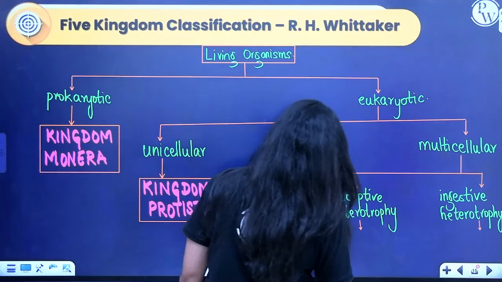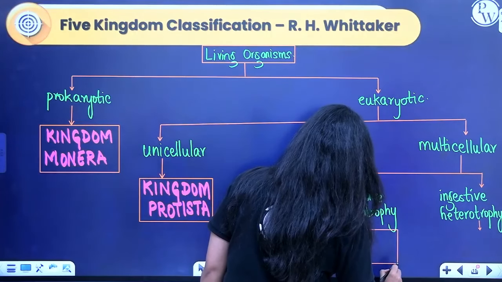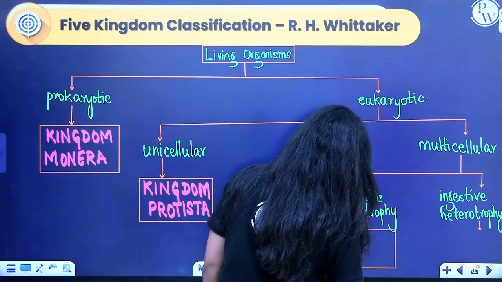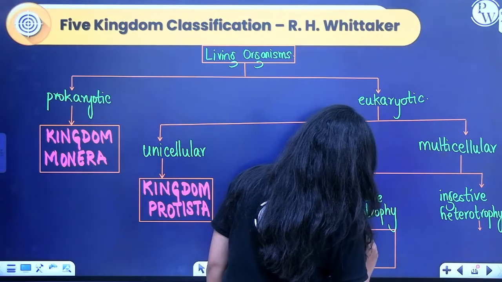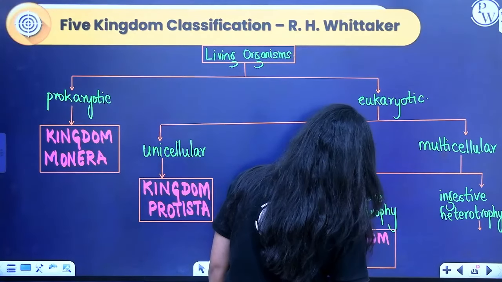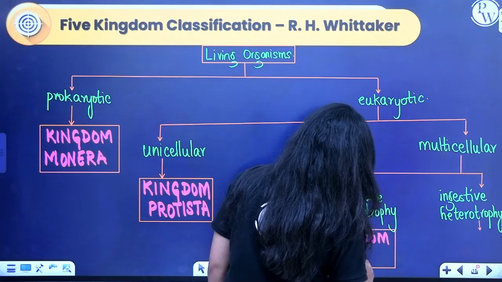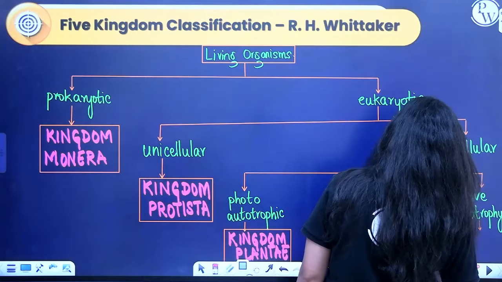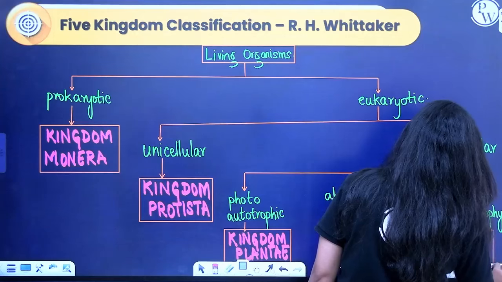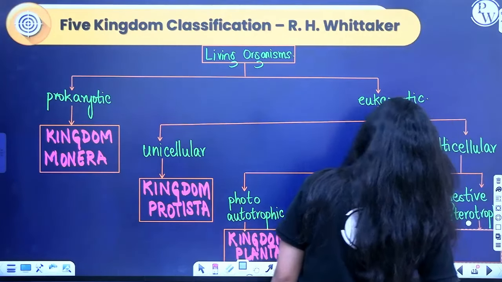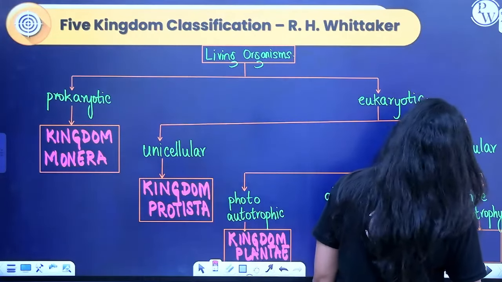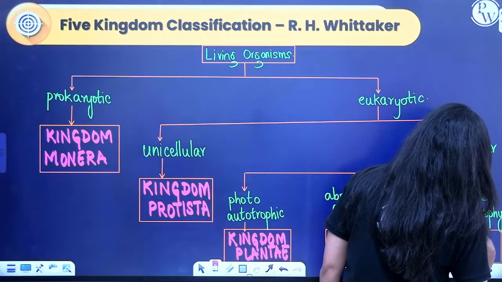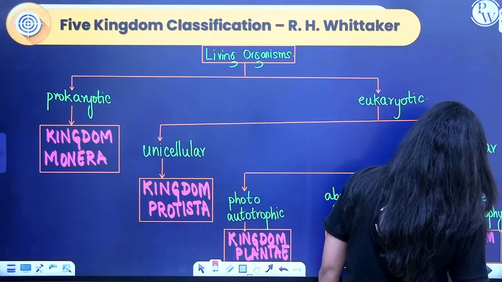Those organisms that show absorptive heterotrophy are grouped under kingdom fungi. The organisms that show ingestive heterotrophy are grouped under kingdom Animalia.